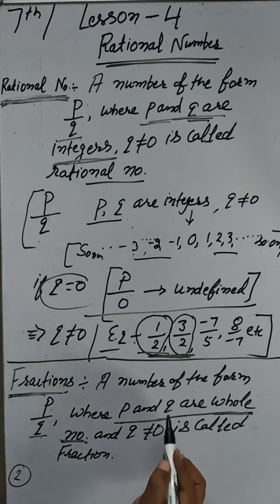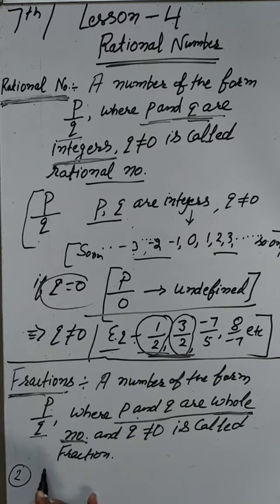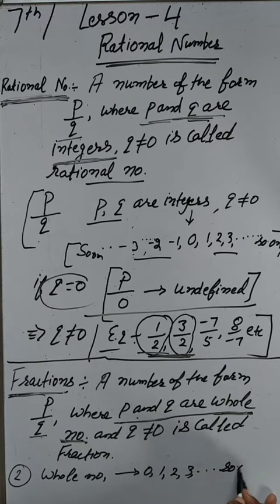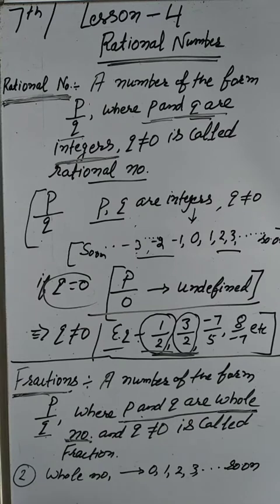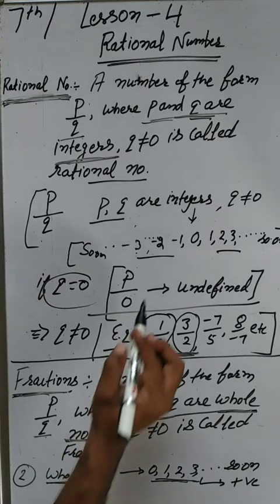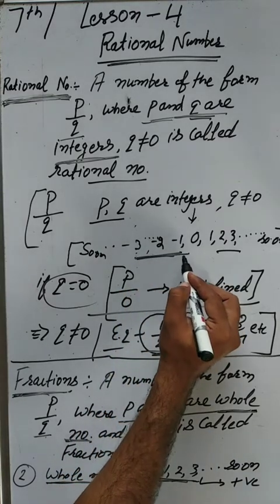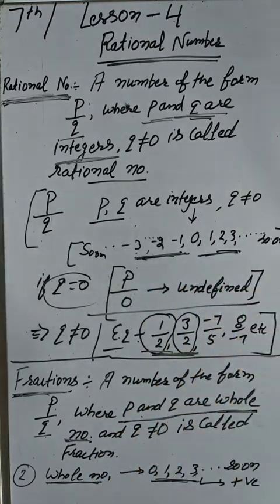Now beta, second difference is that P and Q are whole numbers. Whole numbers, we know, are 0, 1, 2, 3 and so on. Understood beta? And all the whole numbers are positive. But in case of integers, beta, integers are negative as well as positive.